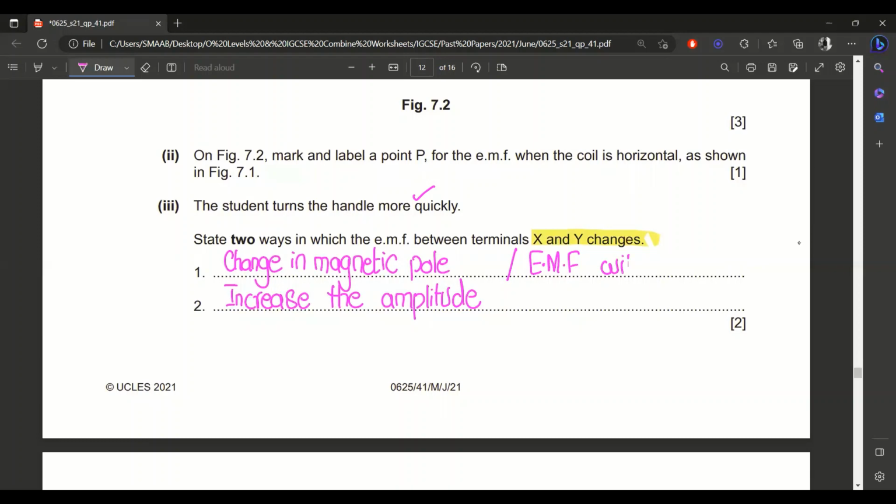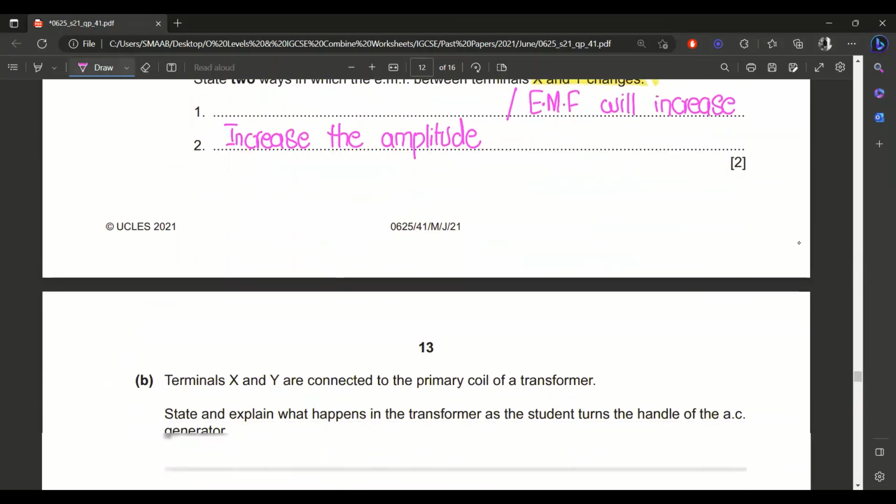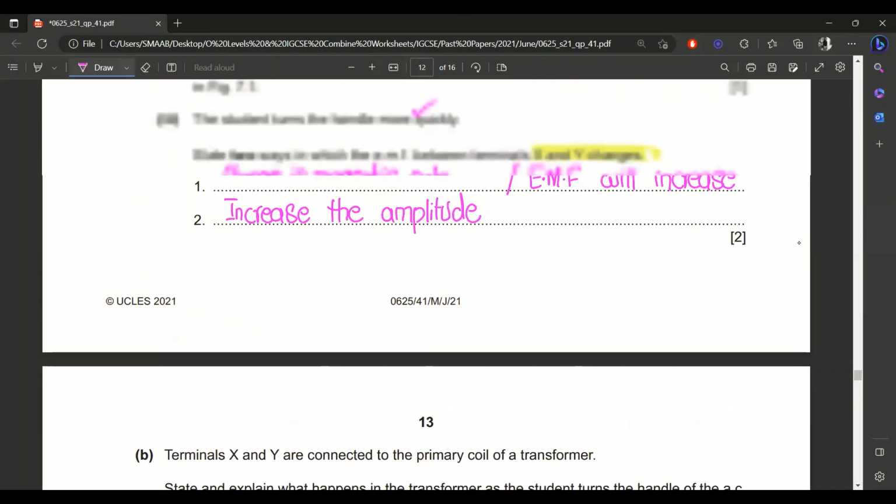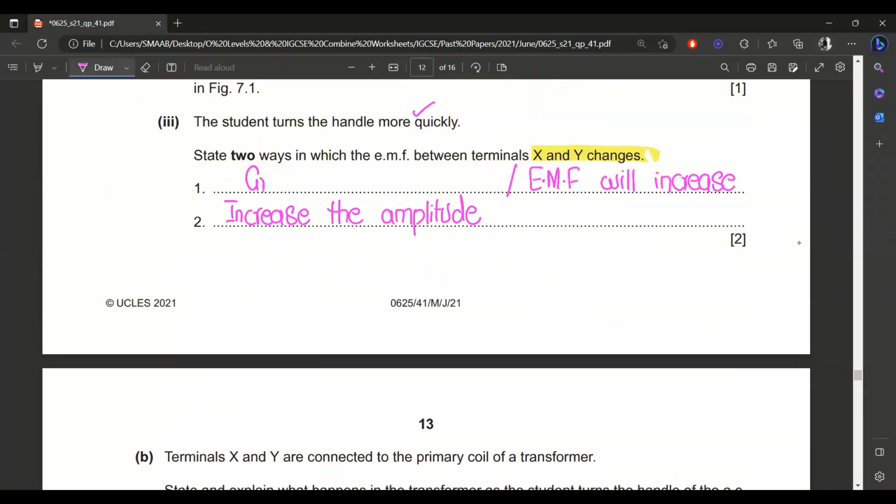So remove the first point because that is for the change in the EMF. So the EMF will increase and second, the amplitude will increase, right? And the first point is the greater frequency.